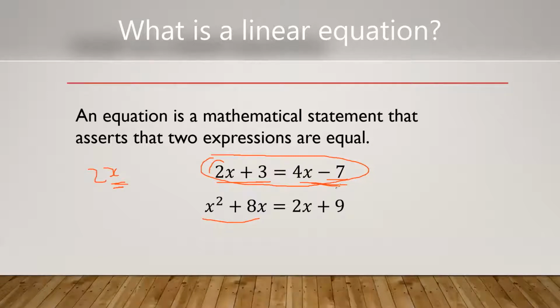So in this expression here, 4x minus 7, the coefficient of x is 4 there, right? And over here, the coefficient of x is 2. Over there, the coefficient of x is 8, right? But x is the variable in both cases.